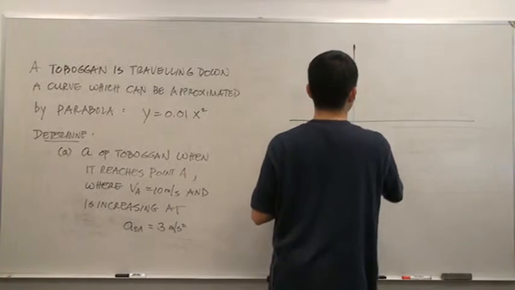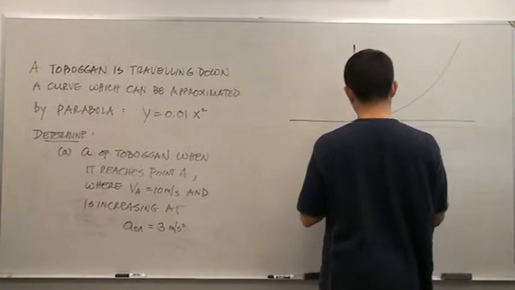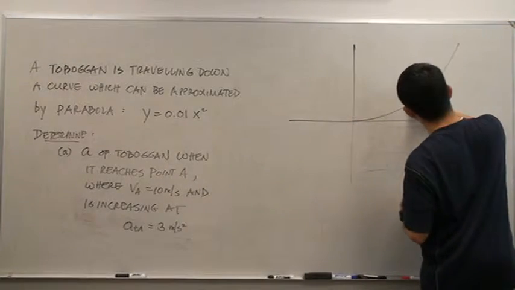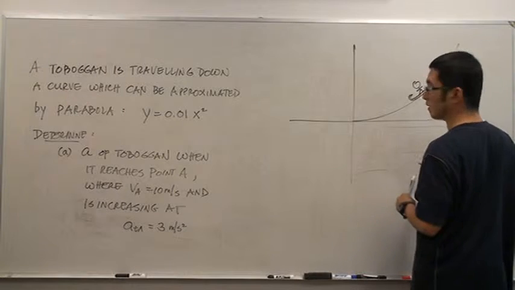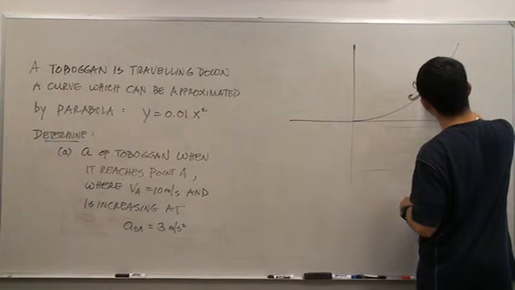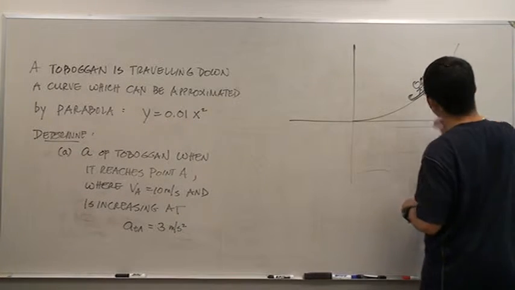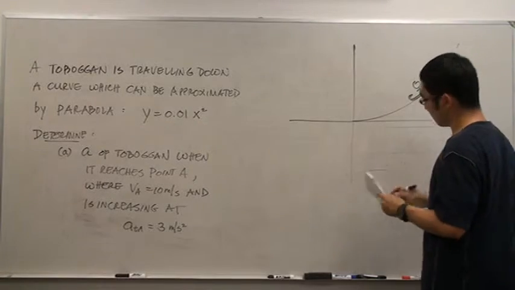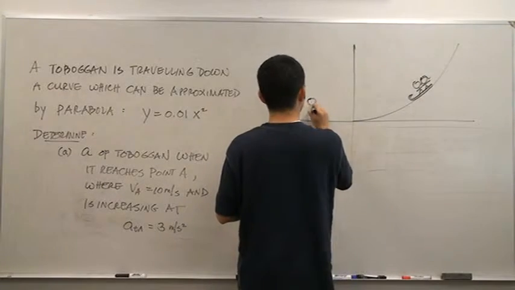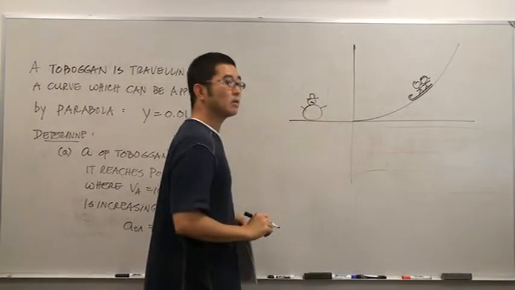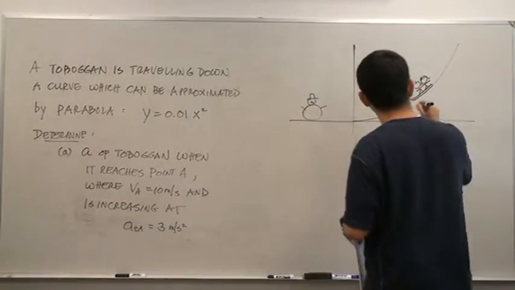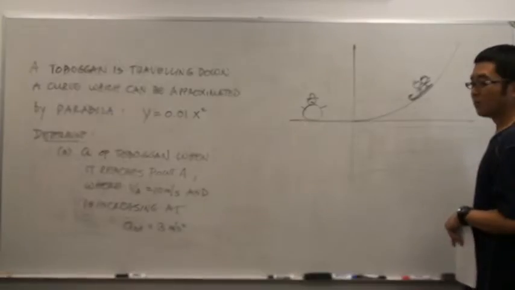So let me just give you that approximation. This is that slope. The toboggan is coming down here. So this is you sitting here with your girlfriend on a toboggan. You're going down the slope, and there's a snowman here, I think. This is all snow, and for those of you who have ridden this before.